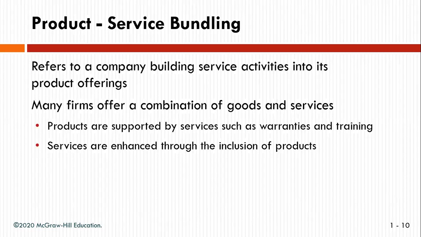Usually you don't purchase a product if there is no 1-800 number, service or maintenance service, something like that. So many firms offer a combination of goods and services: products that are supported by service such as warranties, guarantees and training. Services are enhanced through the inclusion of the product. So in order to be competitive, they provide some kind of service behind the product they are selling.